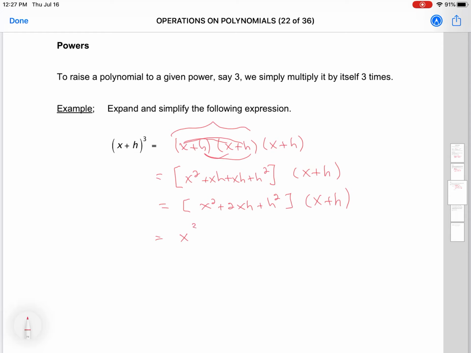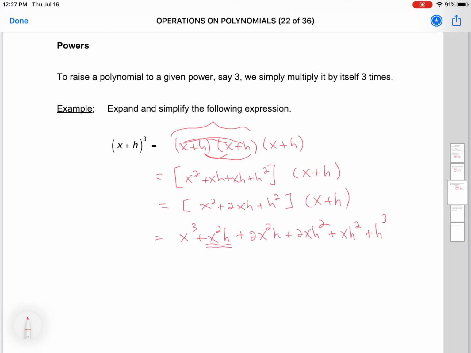So x squared times the first, x squared times the second. The middle term, 2xh, times the x, that's 2x squared h. Now 2xh times h is 2xh squared. Finally, h squared times x is xh squared, and h squared times h is h cubed.